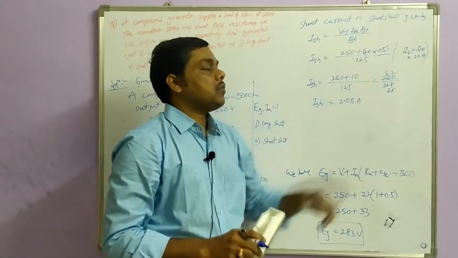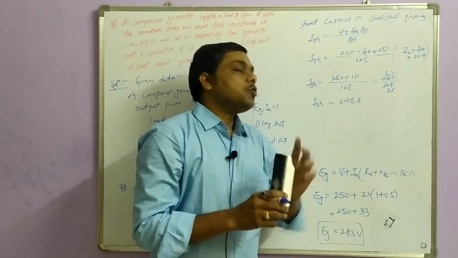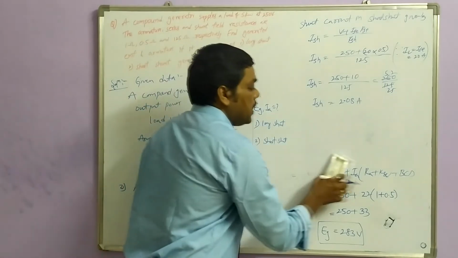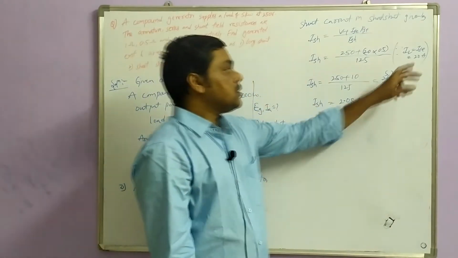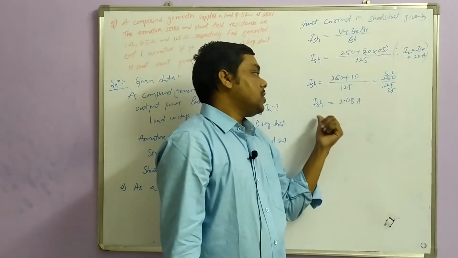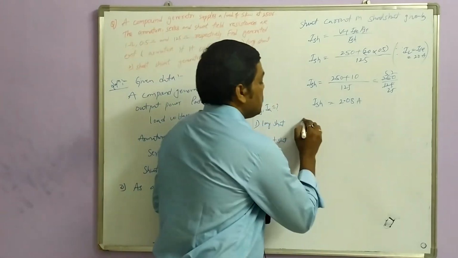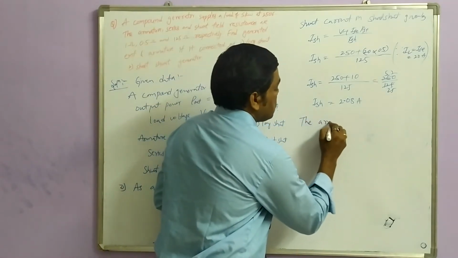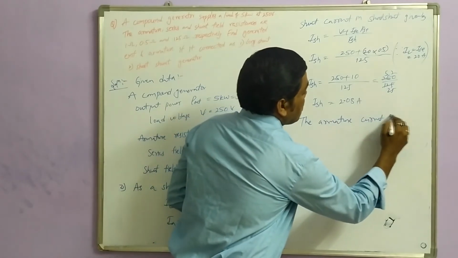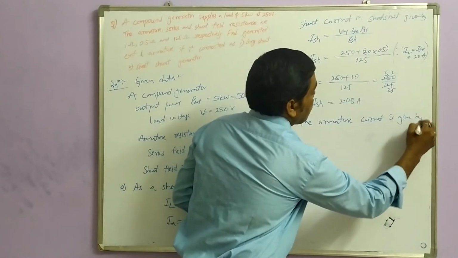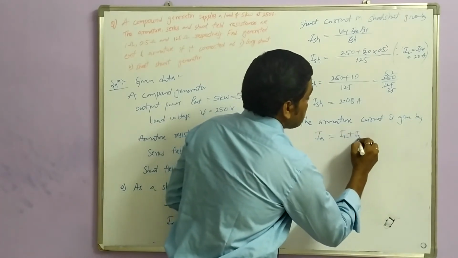So ISH is equal to 2.08 amperes. Now load current is there and shunt current is there. So what is the value of armature current? The armature current is given by IA is equal to IL plus ISH.